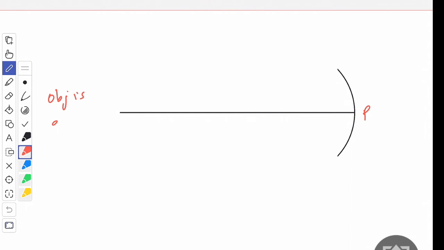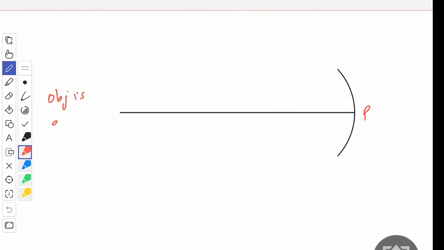There are two rays of light coming here. Now there's one ray of light coming along the principal axis. So 3 rays of light, right?